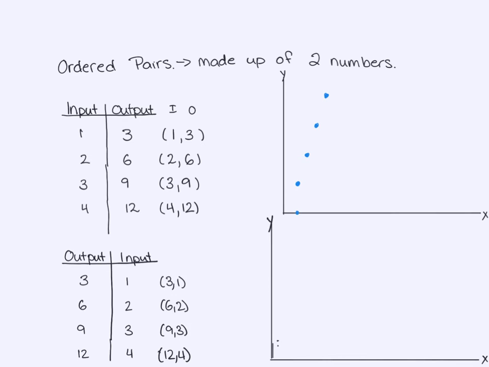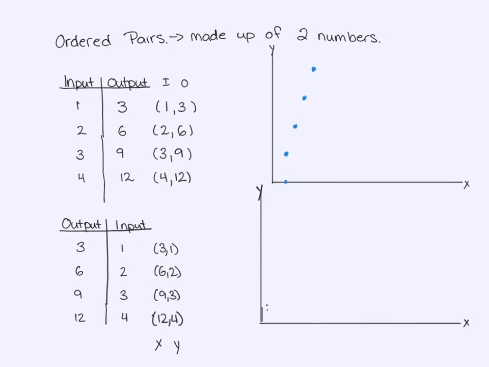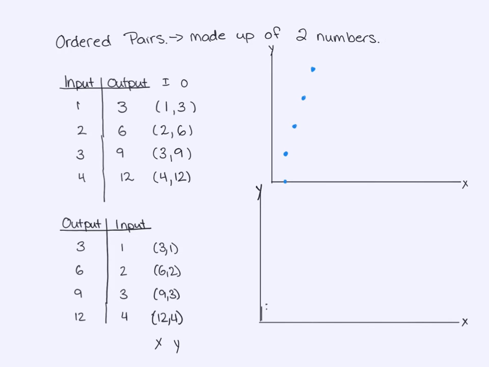So they would make a straight line going up at quite a steep angle. If I reverse them, then I would be going to, okay, here's 3 and 1. And then I would go to 6 and 2, 9 and 3, 12 and 4. They're both making straight lines, but the angles or the slopes are quite different, so it would not create the same graph, which is why the order matters.